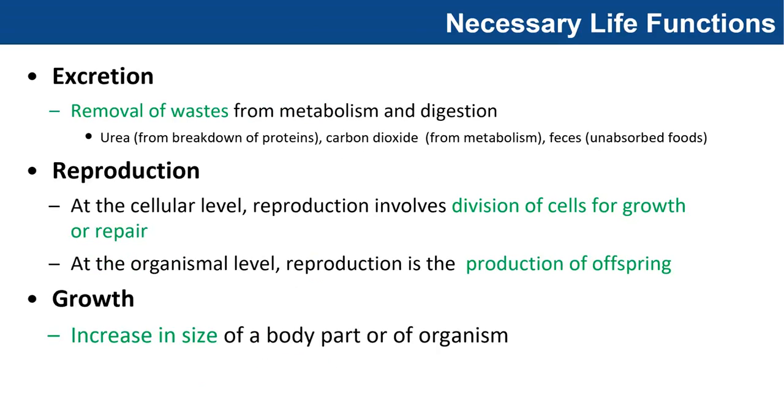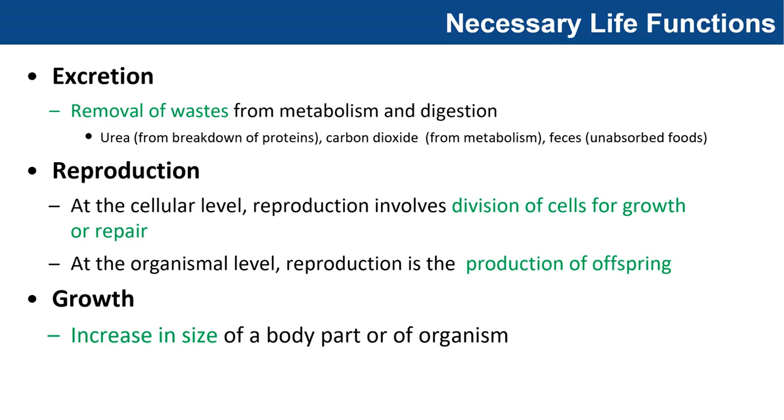The next necessary life function is excretion, the process of removing waste products from our body, which are from metabolism and digestion. For example, the digestive system rids the body of indigestible food residues in feces. The urinary system disposes of nitrogen-containing metabolic waste in urine, and the skin disposes of various waste products as a component of sweat.